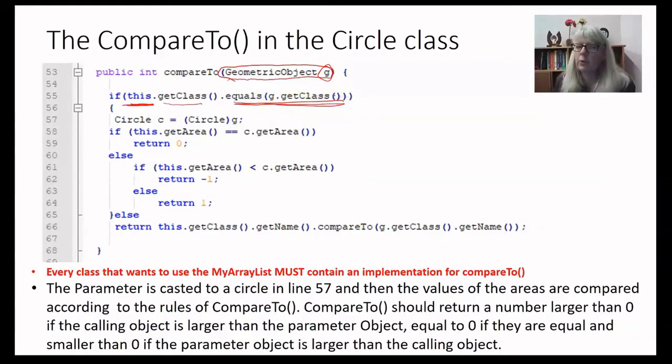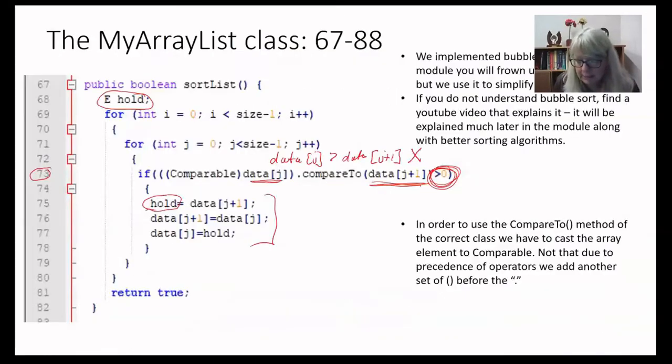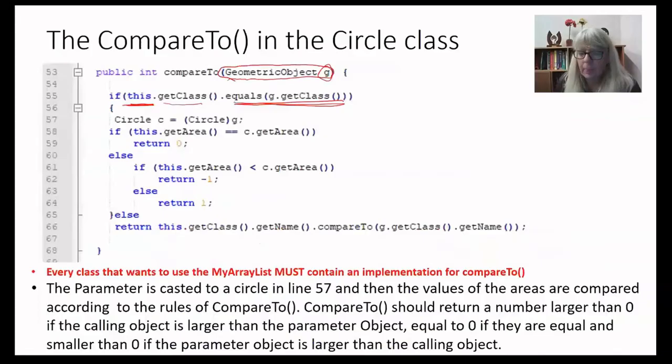Now we spoke about calling objects and parameter objects, but let's go back a little bit. If you look at this statement, this part is the calling object, because it calls the method, and that part is the parameter object. Go back to the videos of study unit 1 if you do not understand it.